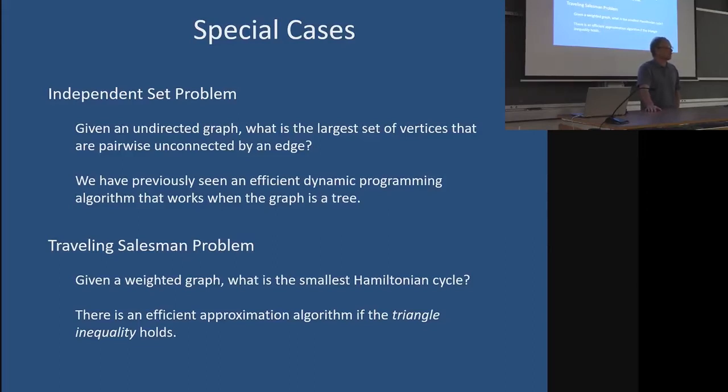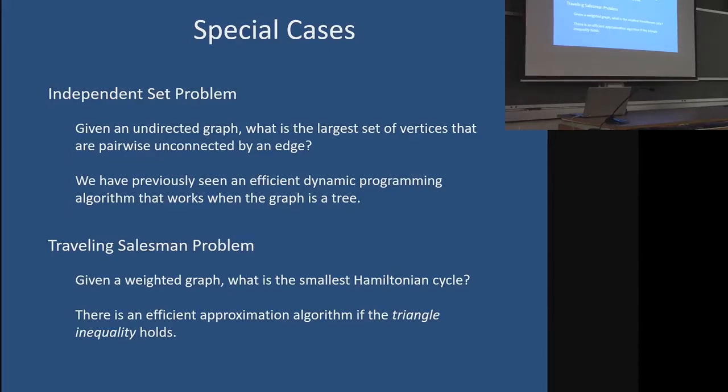We're trying to find the lightest weight Hamiltonian cycle. So, yeah. That means you would be able to solve the Hamiltonian cycle problem? Exactly. Even an approximate solution to the traveling salesman problem would be an exact solution to the Hamiltonian cycle problem.